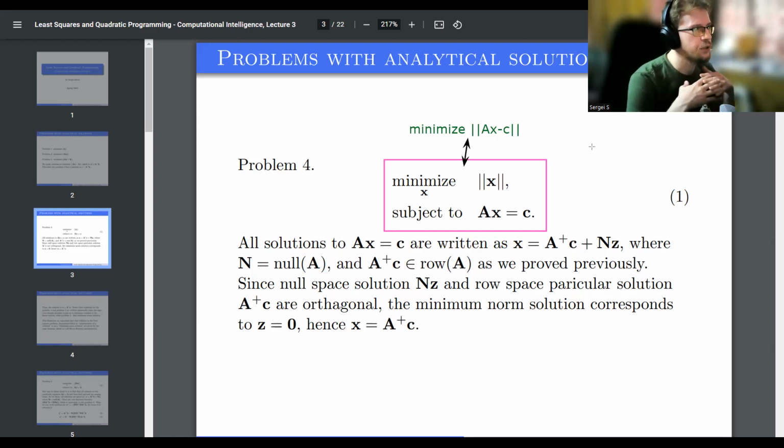We were talking about it last time when we discussed orthogonality, but here you can see we just solved two problems independently and arrived at the exact same solution.